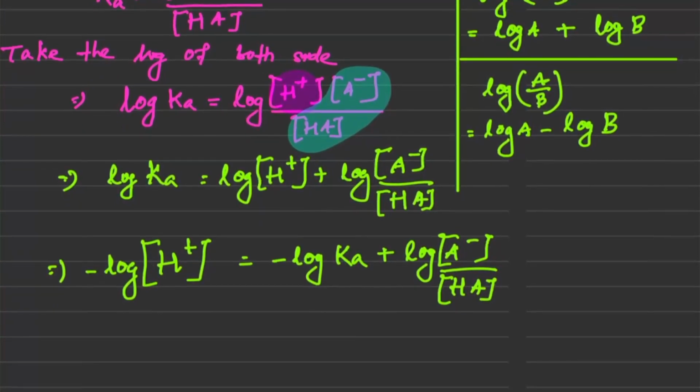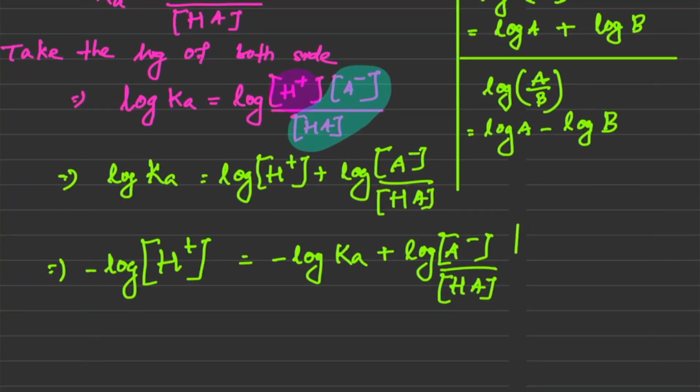Here are a few things. When we have a negative log, it is replaced by P. P stands for negative log. So instead of calling it negative log, we're going to call it P. Instead of writing negative log of H+, it just stands for pH.